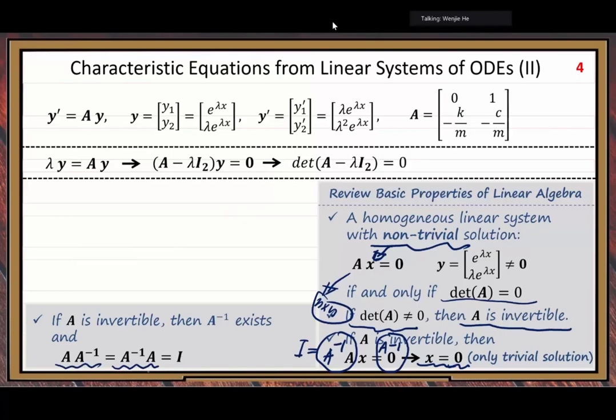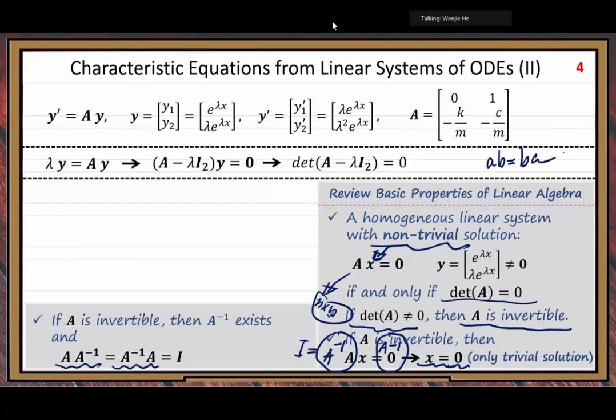Because in one-dimensional algebra, when we talk about multiplication between two numbers, A times B always equals B times A, right? We call it the commutative property. Multiplication is commutative. Addition is also commutative, right?